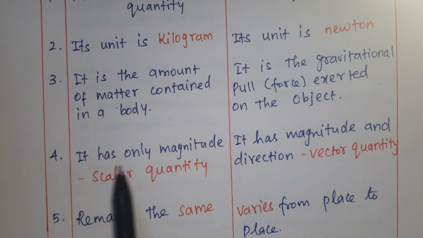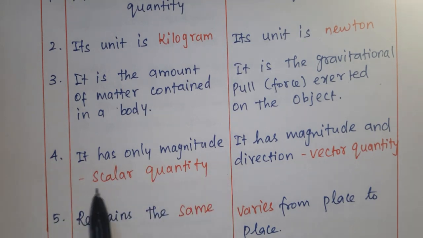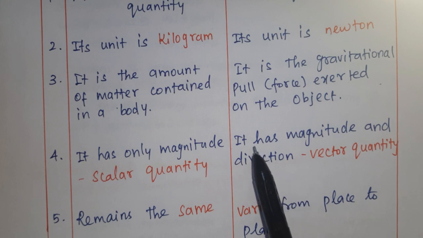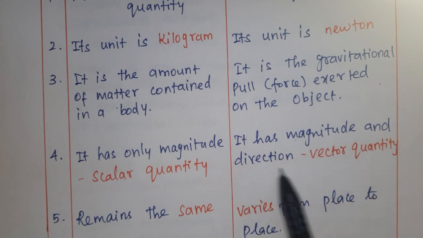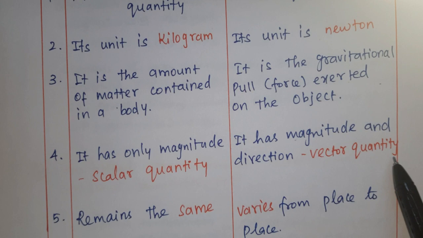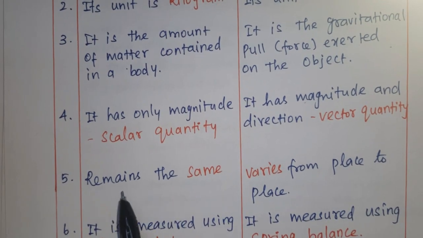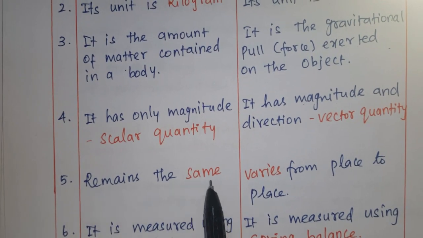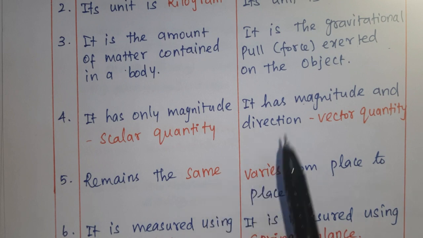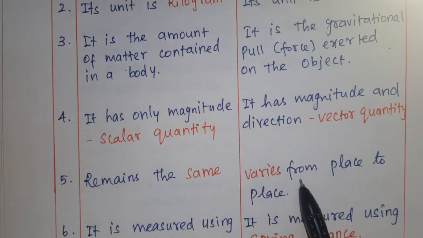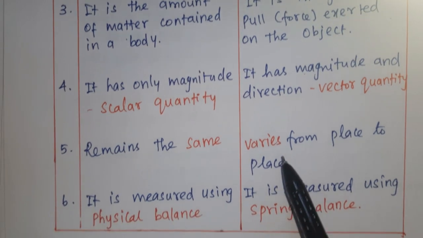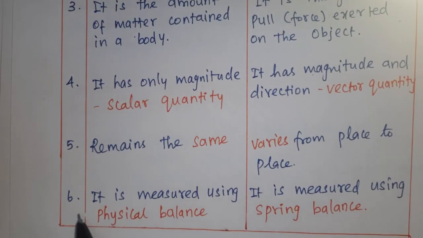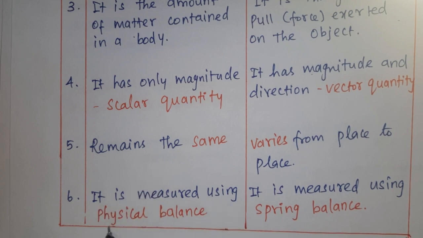Mass has only magnitude, so it is a scalar quantity. Weight has magnitude and direction, so it is a vector quantity. Mass remains the same anywhere, everywhere, but weight varies from place to place. Sixth point, mass is measured using a physical balance. Weight is measured using a spring balance.